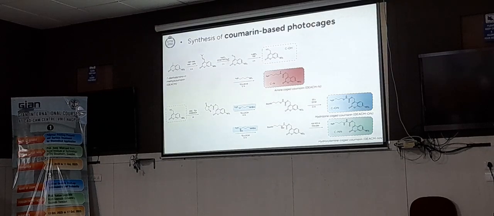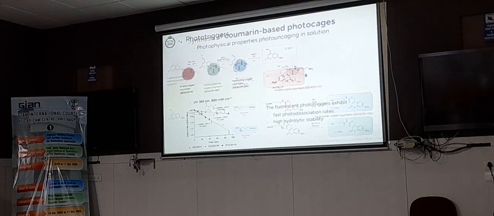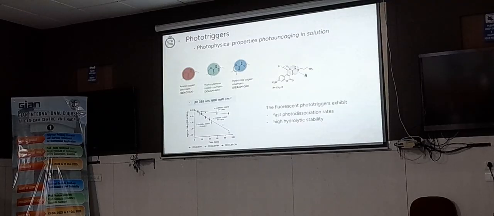So we synthesized these photo cages, and what we did first, before we attach them to the hydrogel, was just to see if we could break the bond, if we can release the coumarin part. So we just irradiate it with UV at different times. Here it's from 0 to 100 seconds.